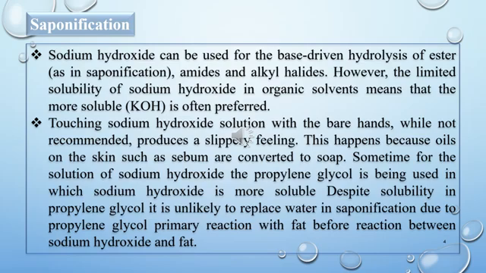After that, we have discussed the reactions of sodium hydroxide, in which we have discussed the reaction of sodium hydroxide with acids. If sodium hydroxide reacts with acid, it will form salt and water, and that reaction is known as neutralization reaction.